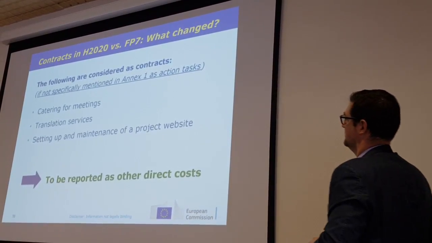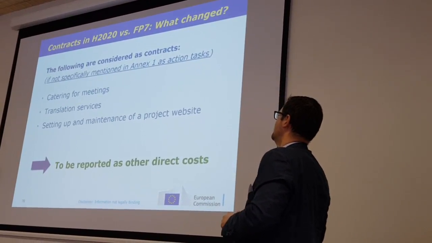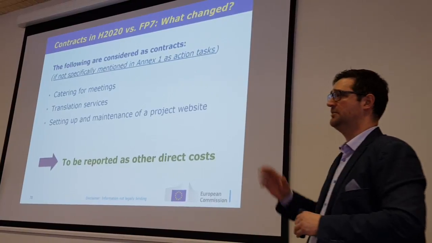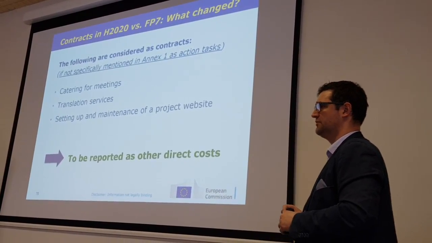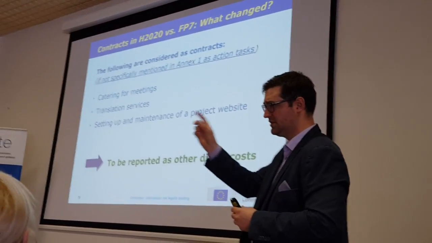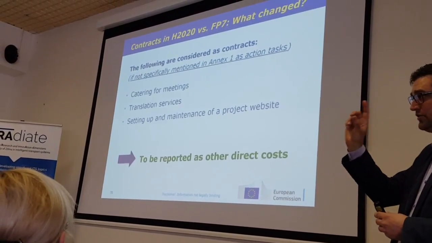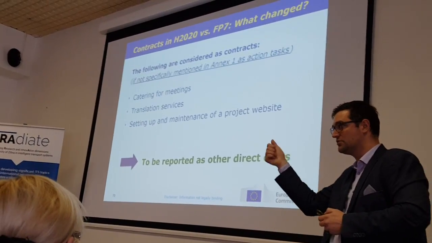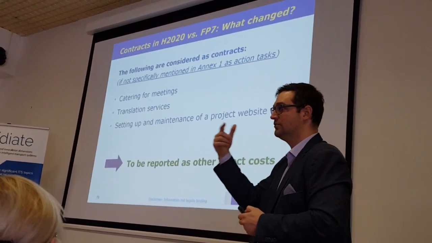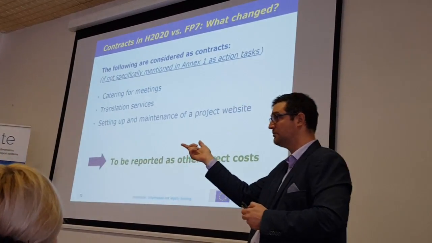In FP7, for example, the catering for the meetings, some translation services, maintenance and creation of the project website was, if it was outsourced, more or less a subcontract. In Horizon 2020, it's a contract, so we can claim indirect costs on this, like also on the travel, on the invoice for the accommodation. You can do the same.